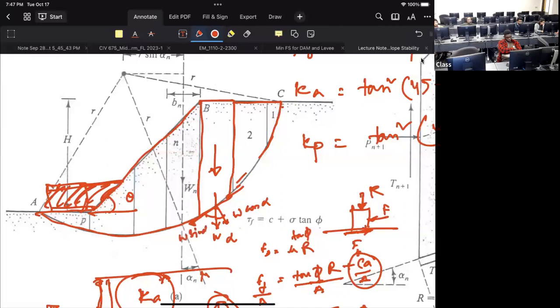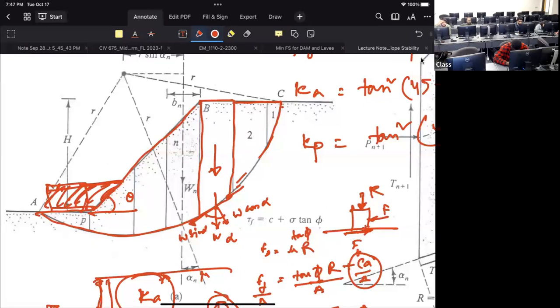W sin alpha is our enemy, and W cos alpha is always our normal resistance. That normal resistance contributes to stability, because it's a component of the strength, sigma tan phi. W cos alpha is the part of the sigma, which is your friend, no matter what.